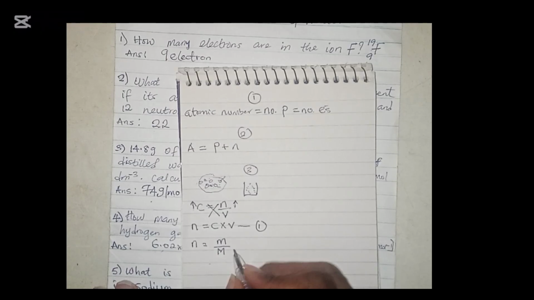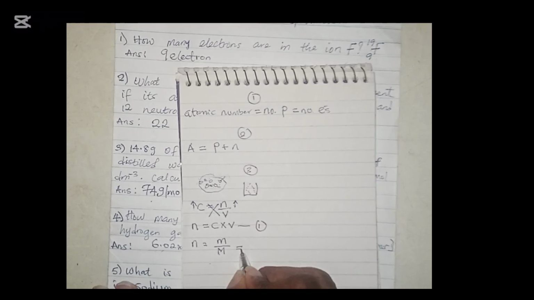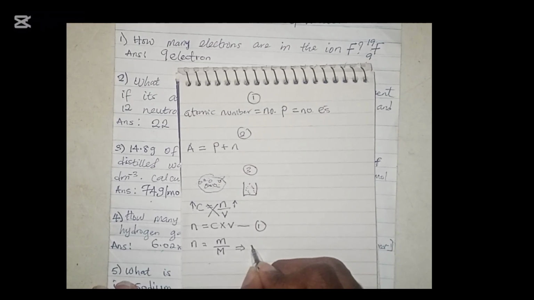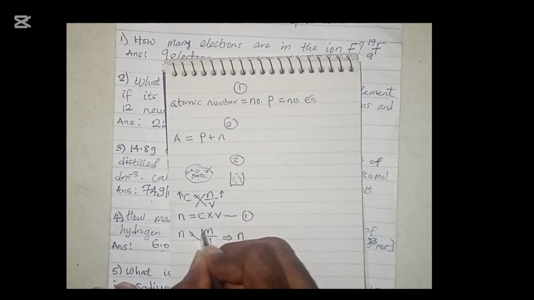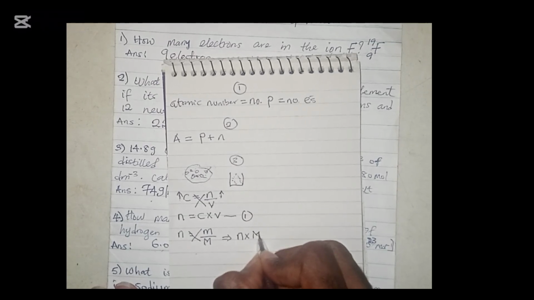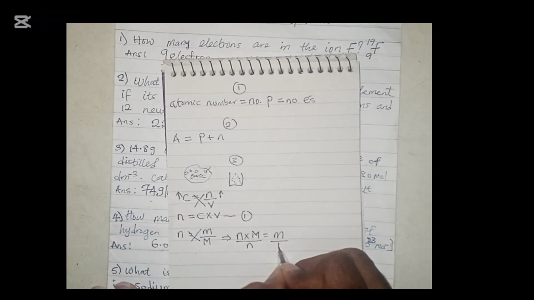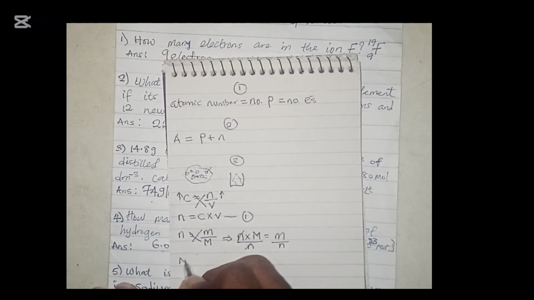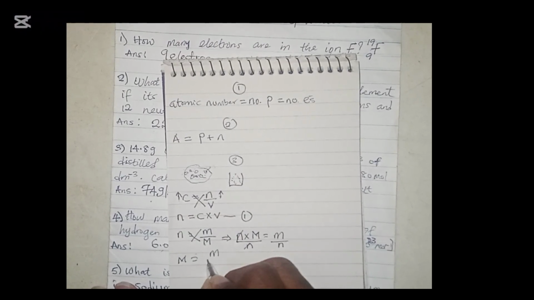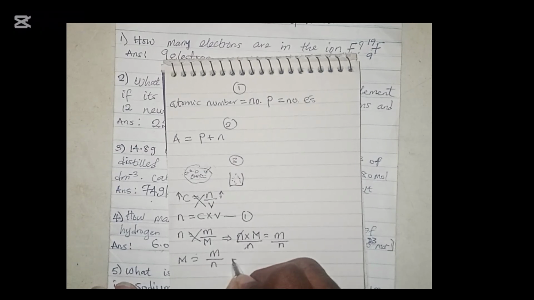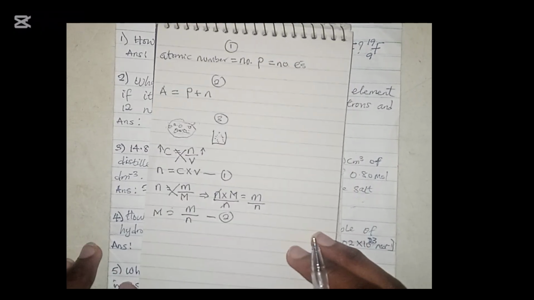Now, this is our equation number 2, but we are looking for the molar mass, not the number of moles. So from here, let us make molar mass the subject of the formula. When we cross multiply, we would have number of moles times the molar mass, which is equal to the mass. If you divide both sides by n, you would see that the molar mass is equal to mass all over number of moles, and this is our equation number 2.